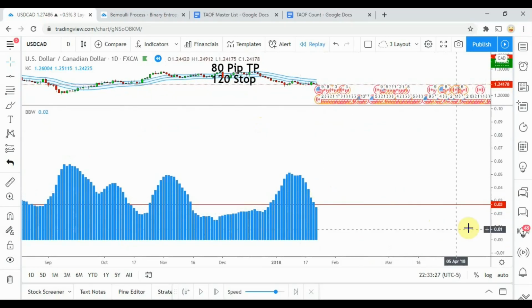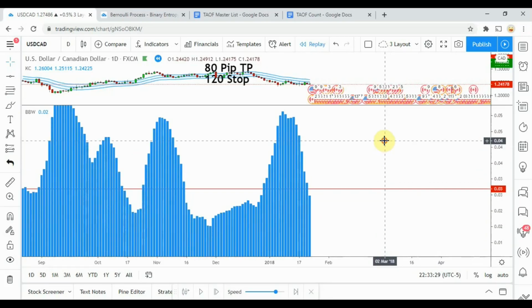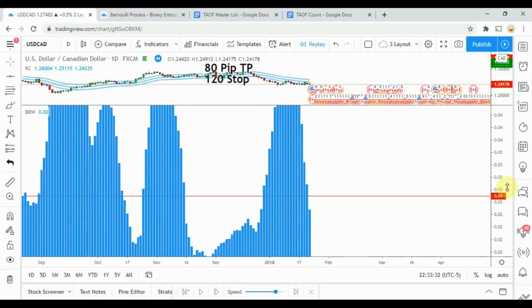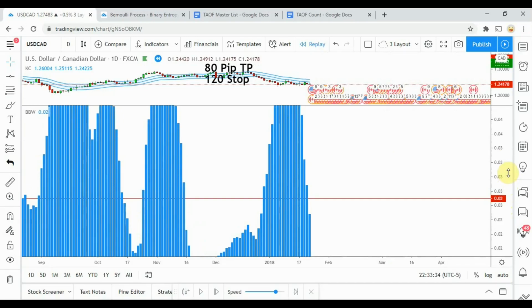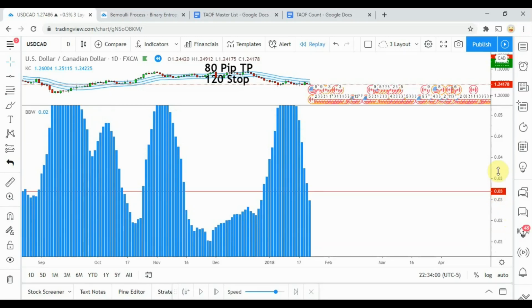And oddly enough, what makes this a little bit challenging is that if I come in here and expand the Bollinger Band width, we're looking at the numeric values over here to the far edge of the indicator screen. When this indicator was created, it wasn't created where the numbers break down into decimals of themselves.